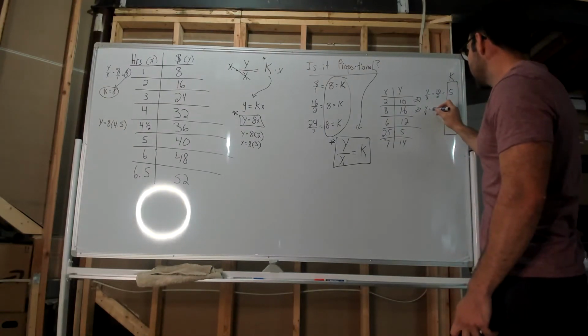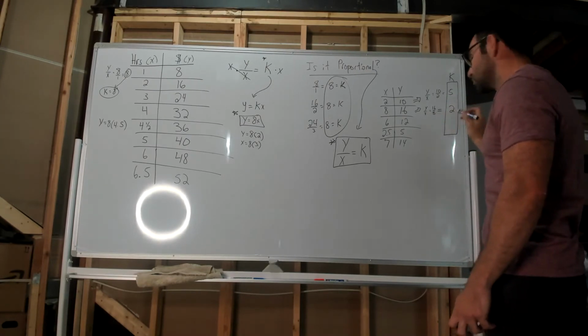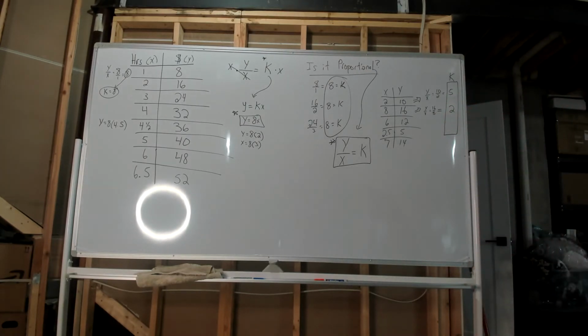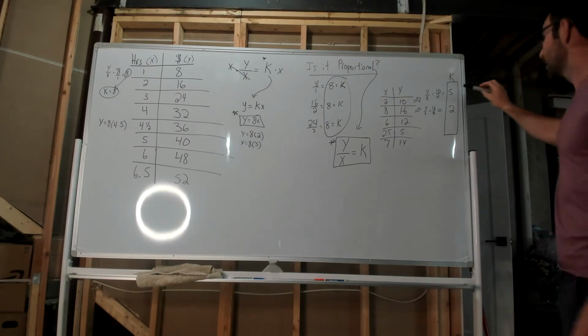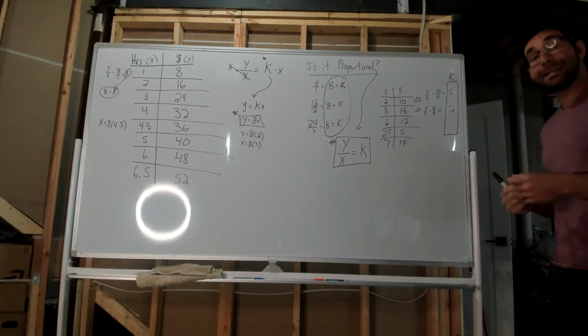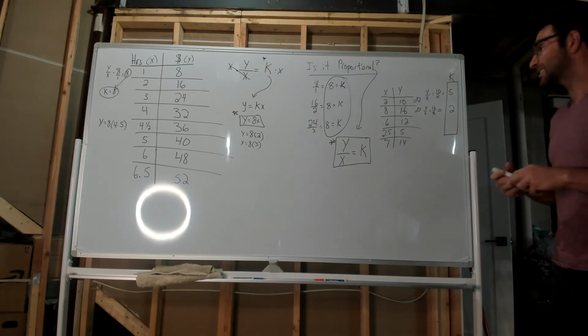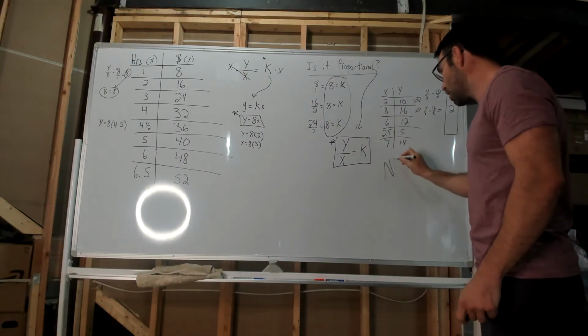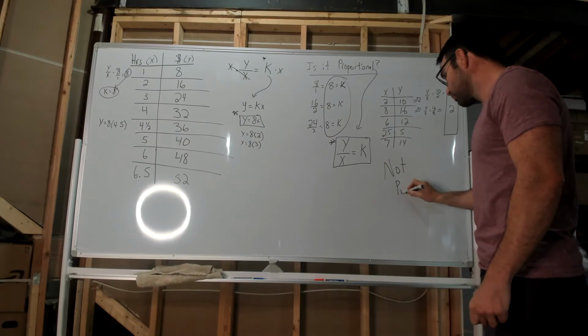Y divided by x equals 16 divided by 8, which equals 2. Immediately, you can stop. You should know one thing. The constants are not the same. If they are not the same, it is not proportional.